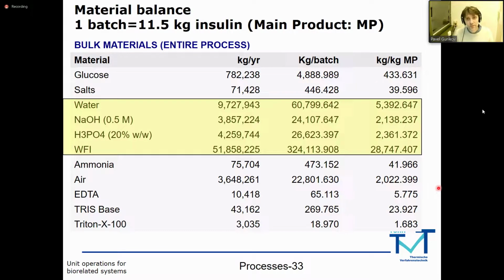If this process were an organic chemistry process, where you produce a drug in non-aqueous medium, then instead of water, you would get pretty much the same numbers for a non-aqueous solvent, like, I don't know, toluene, for example, or something like this. So we always have a big amount of medium we require to process.